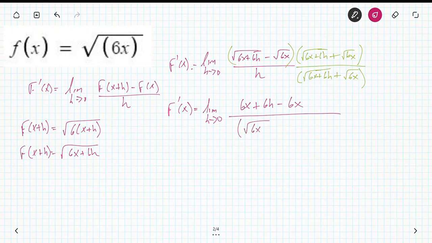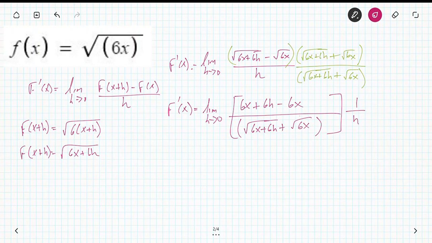square root of 6x plus 6h, okay, plus the square root of 6x. Let me erase this to make it a little clearer. And I forgot to put that h, so I'm going to write it outside.